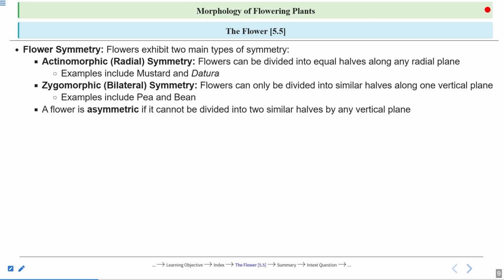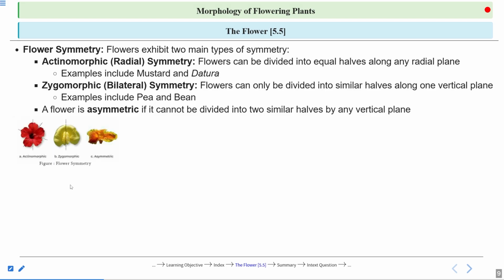The flower can be divided into similar halves along only one vertical plane. Pea and bean. If you see the pea plant, their petals are not symmetrical, so they have only one plane of axis that can divide the flower into two equal halves. Pea and bean are the examples.